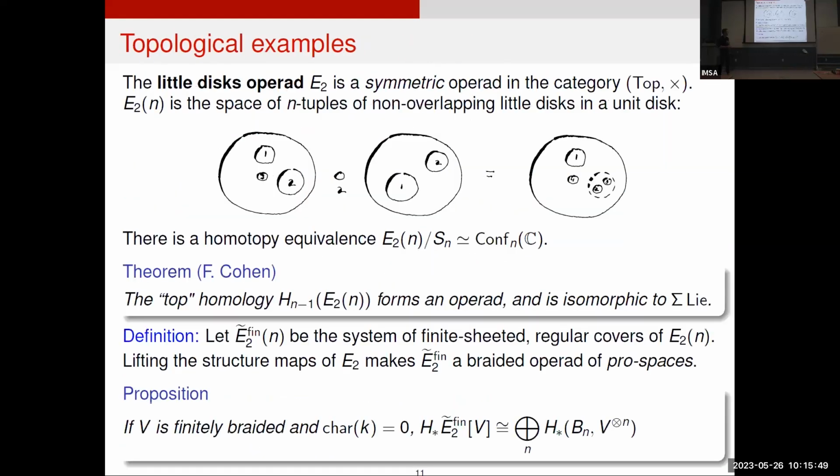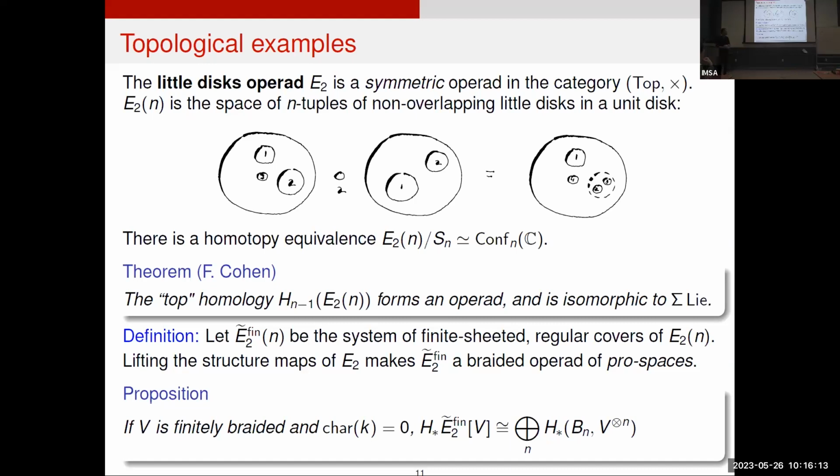Then the thing I want to compute can be rephrased as a free algebra over this operad, the homology of the finite 2D covers of E2. So we can rephrase our question as: let us try to compute the structure of this operad, the new form of the question.